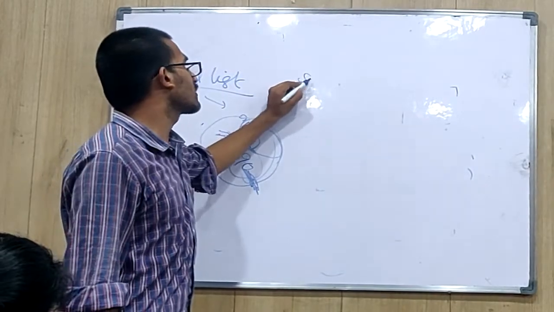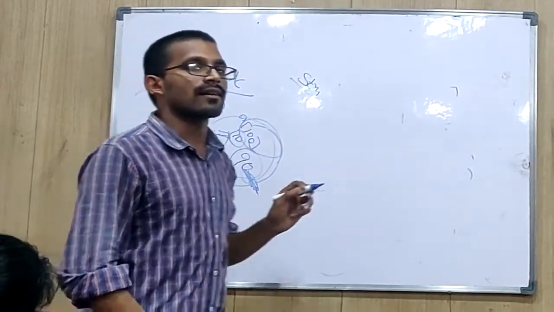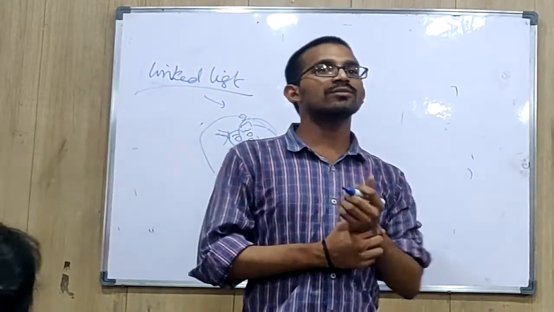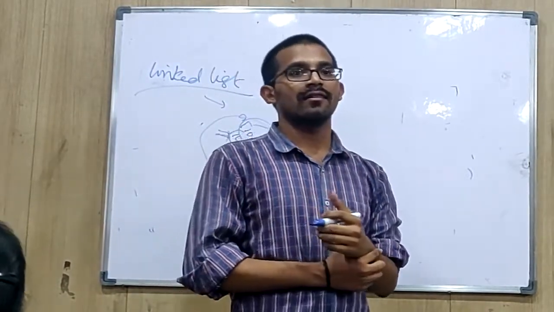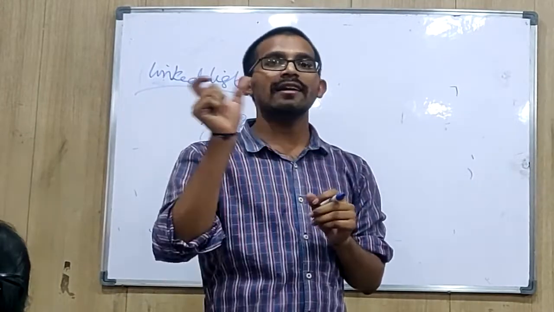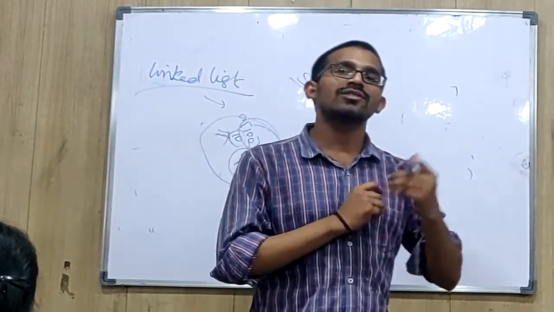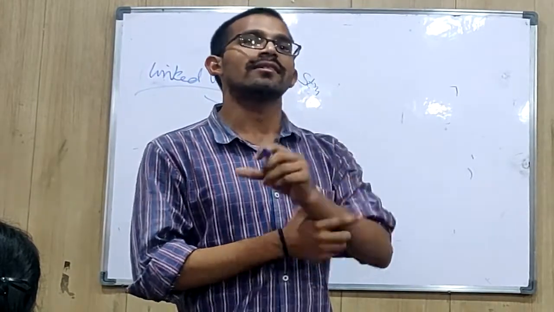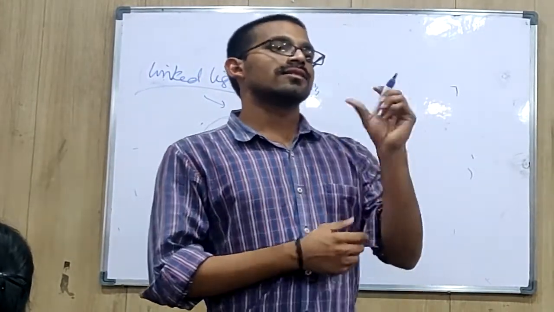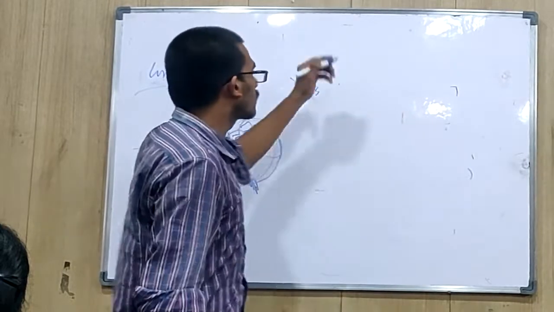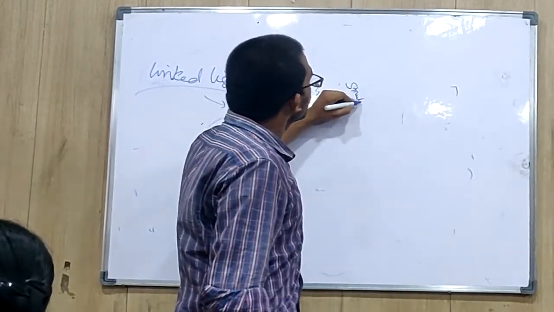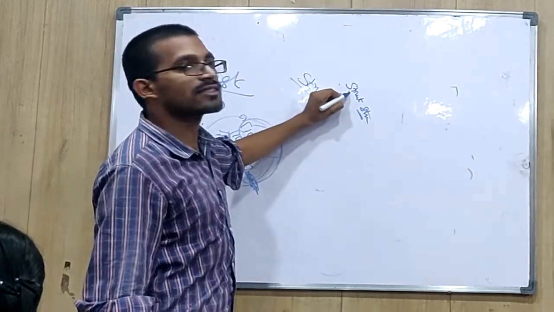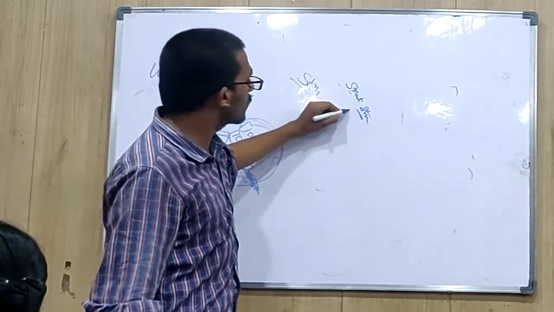Using structures. See, what is a structure? Structure is nothing but a data type which holds more than one type of data. For example, employee data or student data. I can create a structure using the struct keyword, struct student. Struct student is a data type of structure.